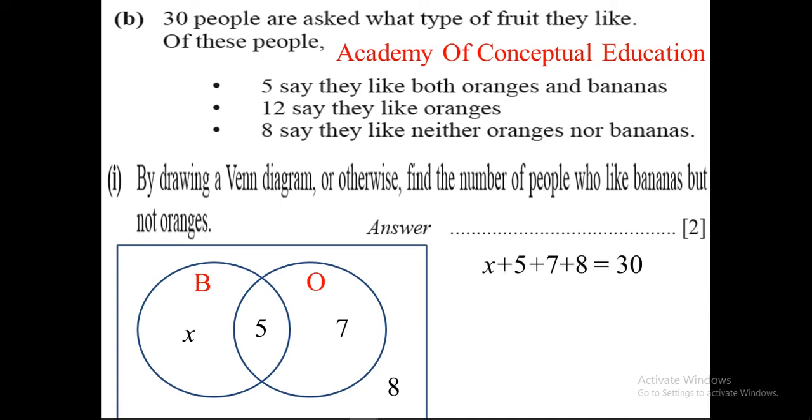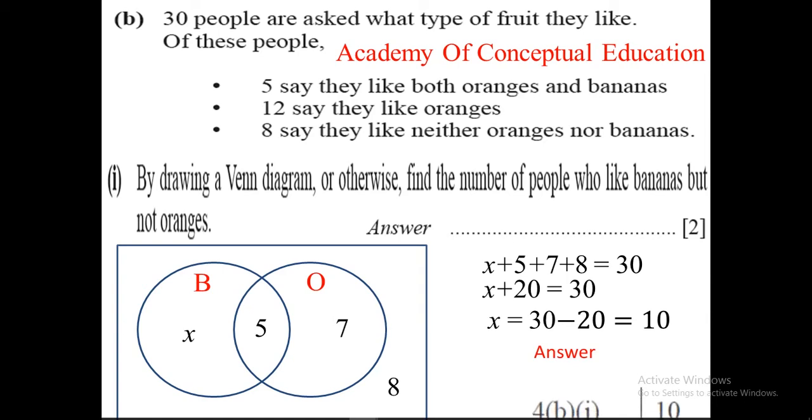So we have to add these values: x plus 5 plus 7 plus 12 plus 8 is equal to 30. If we simplify it, we can easily get the value of x. So x will be equal to 10. So we can say that the number of people who like bananas but not oranges is 10.